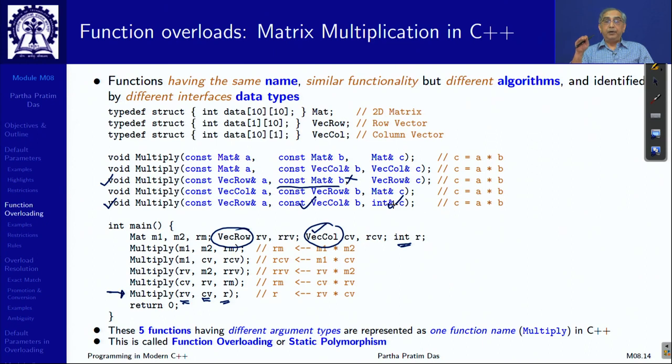Why static polymorphism? Poly means many, morph means forms. Polymorphism refers to something which has multiple forms but is common. And why is it static? Because the compiler itself can find out the right function to bind to. Right? That is the basic point you make here.